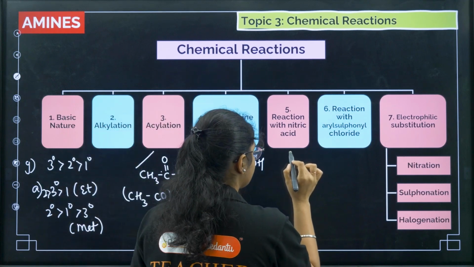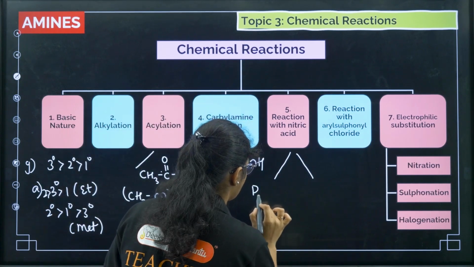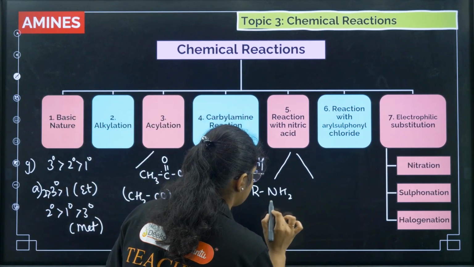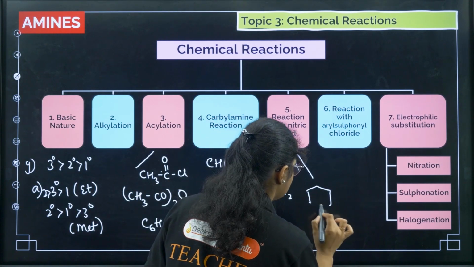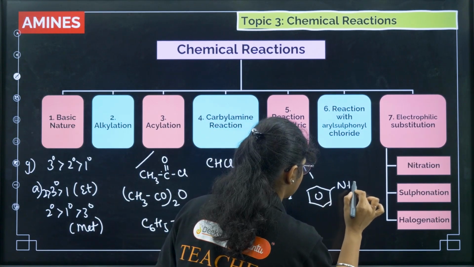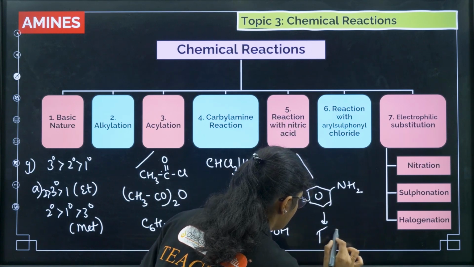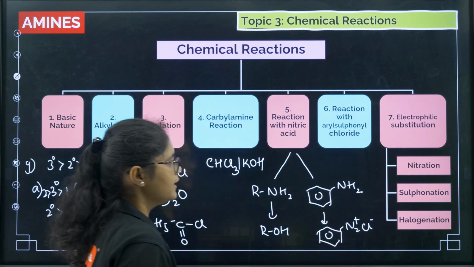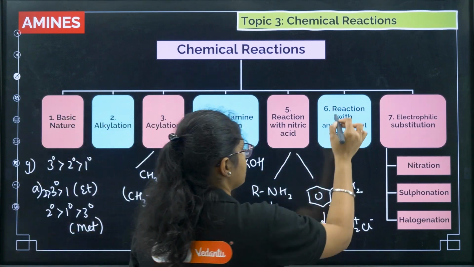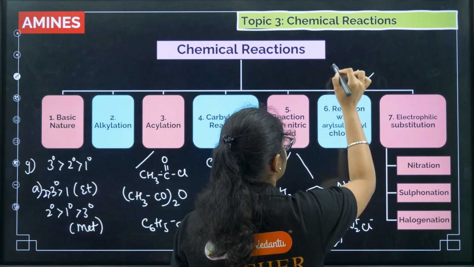Then treating with nitrous acid, so if you have aliphatic amine RNH2, right, it will get converted to ROH. But if you have aromatic amine like aniline, then this will get converted to benzene diazonium chloride, right. Next, if you react with Hinsberg reagent, so what are the things you remember?